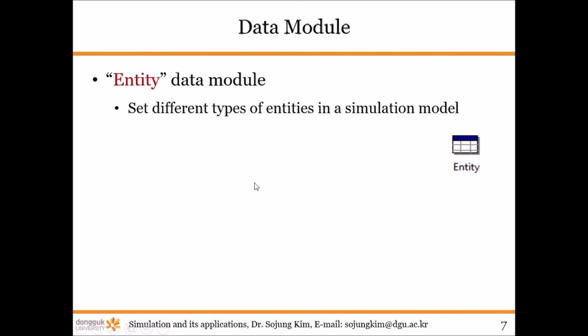And the data module. In the data module, you cannot see any physical thing in your simulation model, but you can specify the properties of the entity if you use the entity data module. You can set different types of entity in the simulation model.